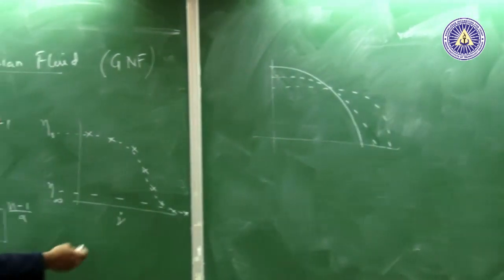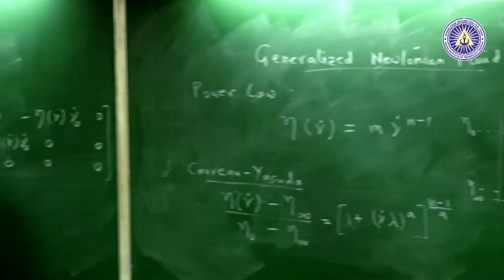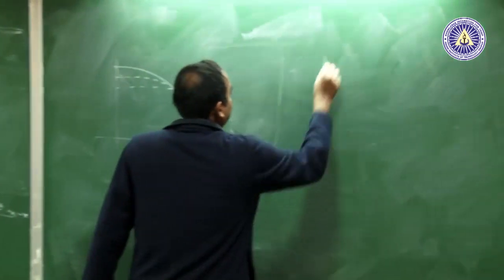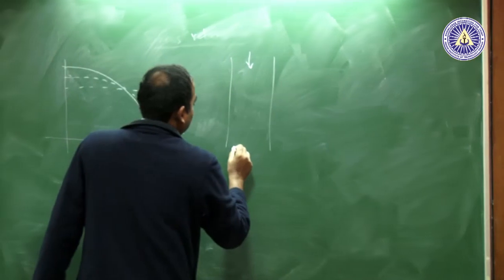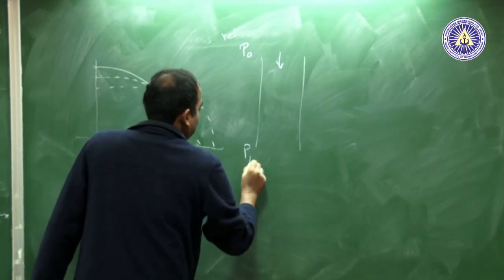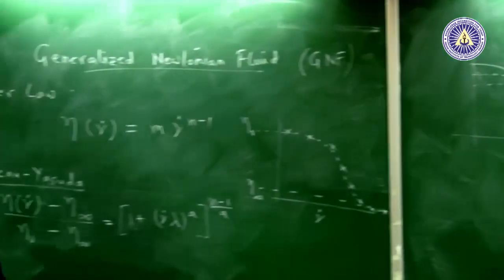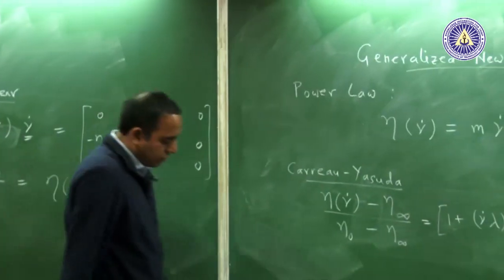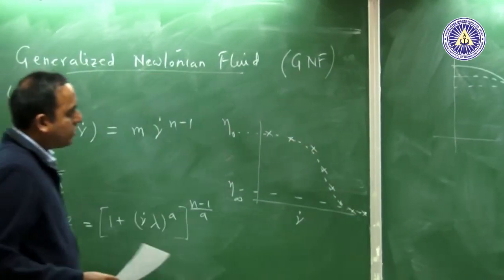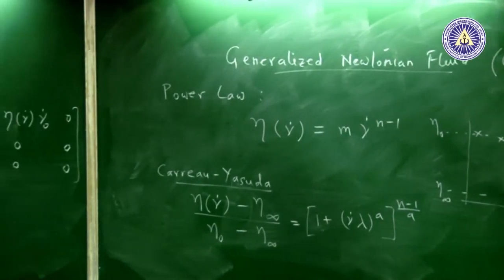The more the value of n, the flatter it would be. These are some of the classic examples. This is of course for a pipe flow in which fluid is flowing downwards through a pipe, and there is a pressure drop from one section to another. So, in pressure driven pipe flow, the velocity profile becomes much flatter at the center when you use power law, and this is one of the classic results of power law which we teach in classes.